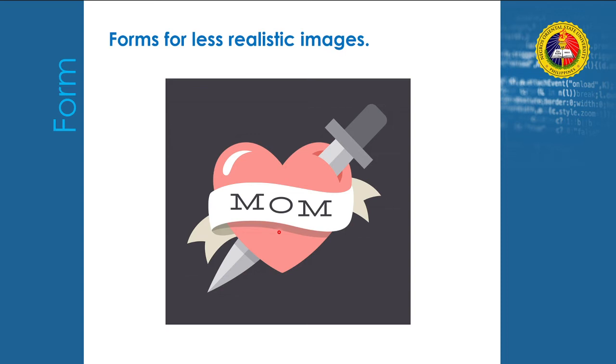However, since light and shadow have been added in a very simple, minimalist way, it still gives us the idea that there is depth in it. So therefore, this is still a form. Right? Then we have this one. Though it's very minimalist and flat, because of this light and shadow, it tells us that this picture has depth.